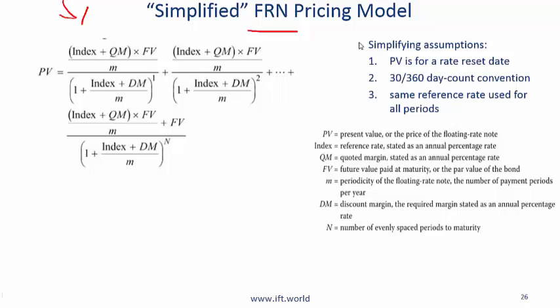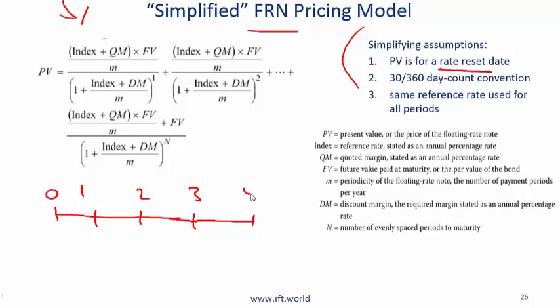First point to note is that with this model we make some assumptions. That the present value is for a rate reset date. In other words, if you have, let's say, a bond which has 4 periods, so 0, 1, 2, 3, 4, each period, let's say, is a 6-month period.